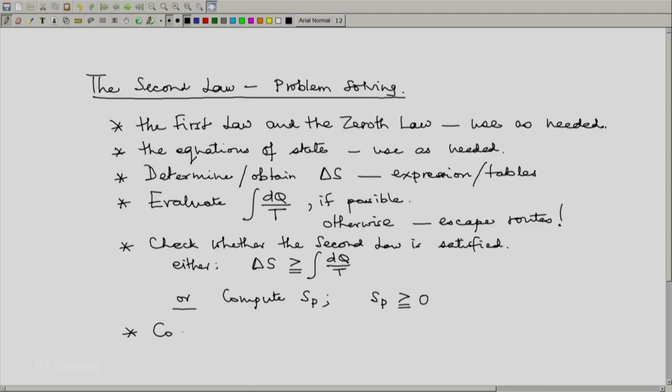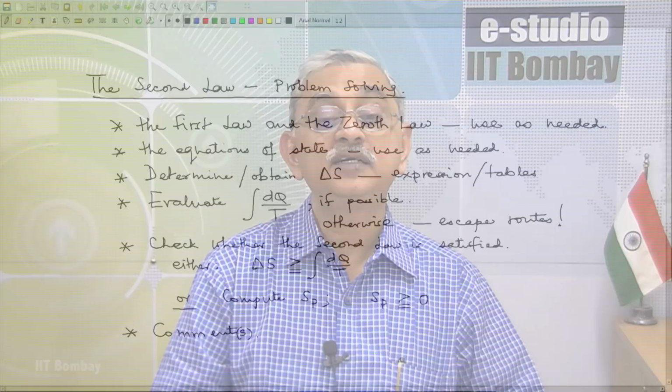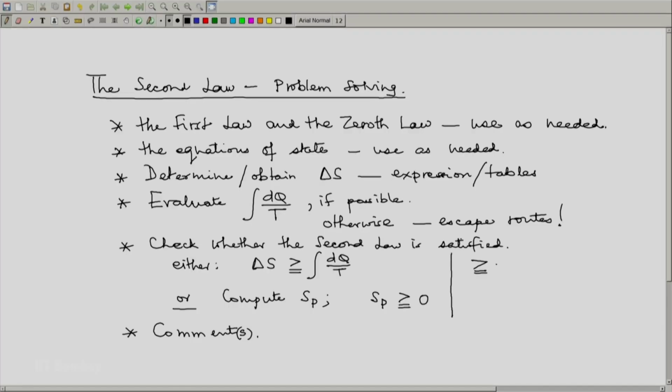Okay. And after that, we should provide a comment or comments. For example, if it turns out that the inequality as specified in the second law is satisfied, then we will say that it is a real irreversible process. And we should also be able to guess or say something about what causes this irreversibility.